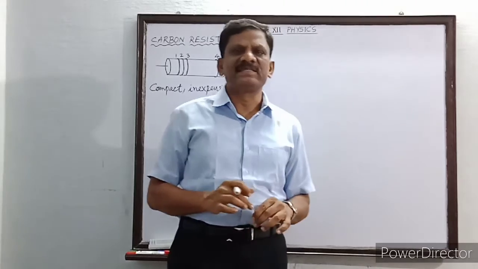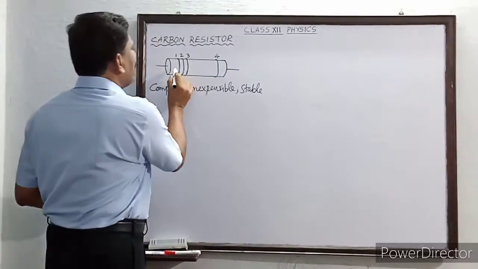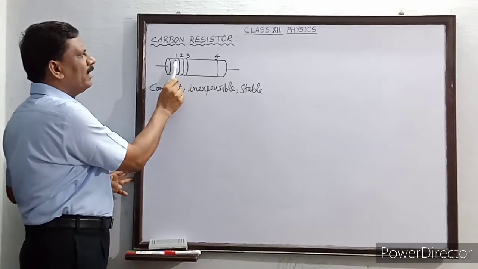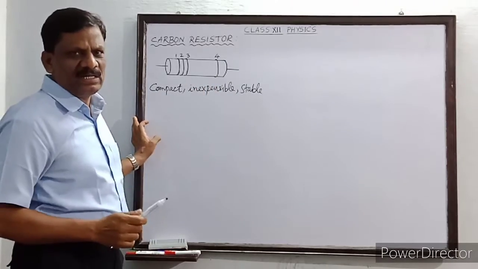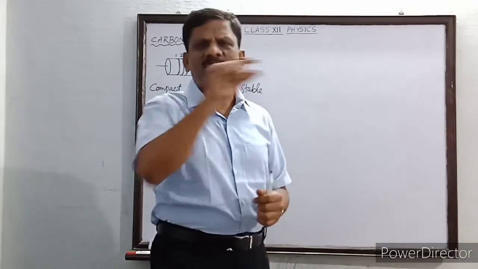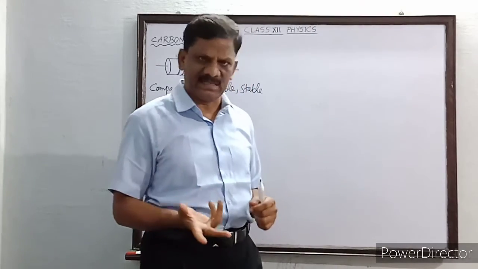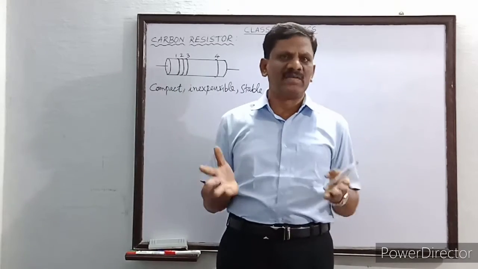But there are some color rings over the resistor. Here you can see 4 rings. See, 1, 2, 3 and 4 rings are available. These circular rings over this carbon resistor are of different colors or of the same colors. So what are all the different colors of VIBGYOR?